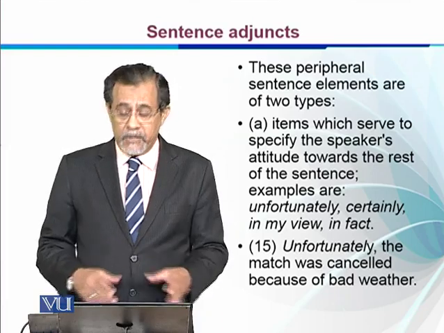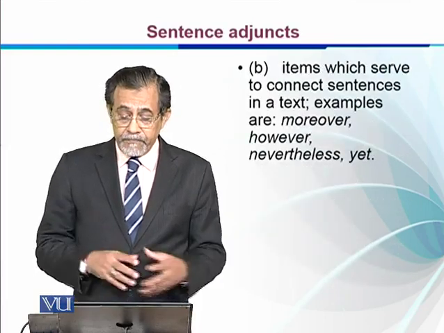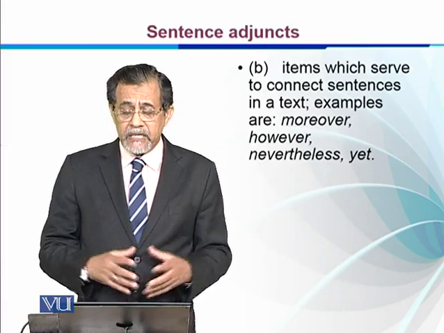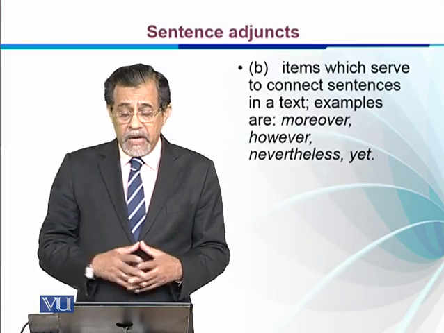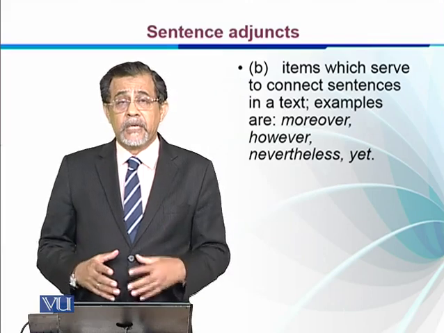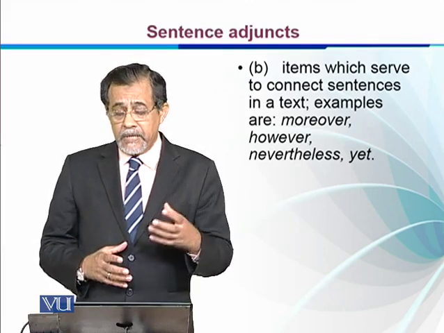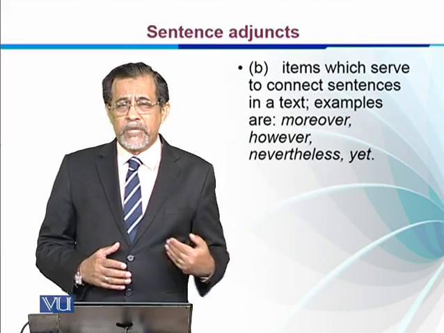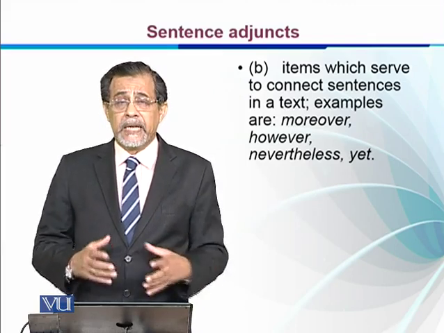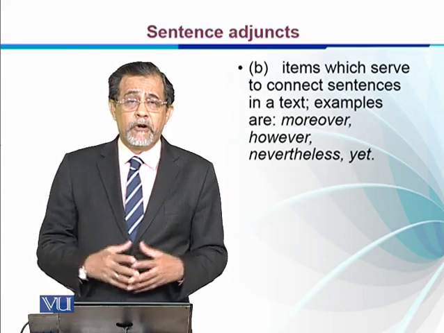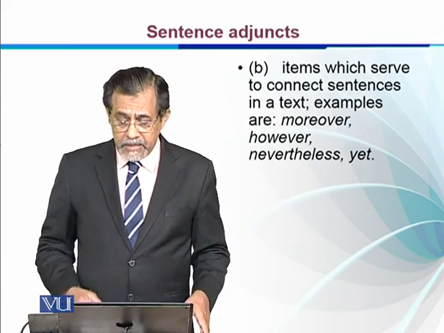Secondly, items which serve to connect sentences in a text. For example, moreover, however, nevertheless, yet. They describe different aspects. They add something to what is previously said. They contradict something previously said, and they give a different shade of what has already been said, right?